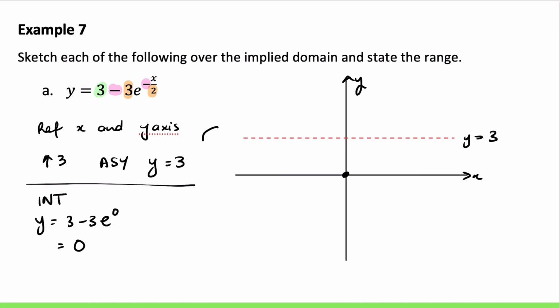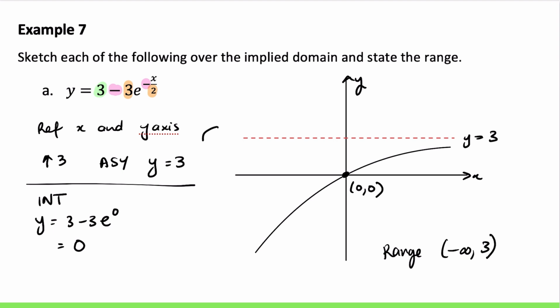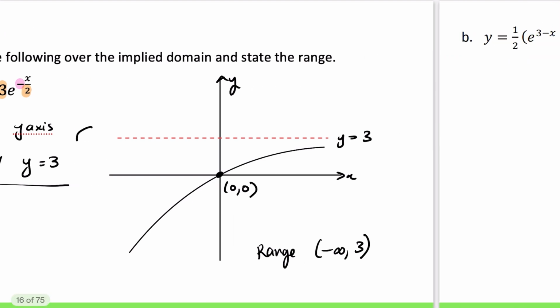E to the power of 0 is 1, and 3 times 1 is 3. 3 minus 3 is 0. Yeah, that looks like it's correct. All right, it's not very often that something works out that nicely. What a beautiful looking graph there. All right, wonderful. So that's sketching it over the implied domain, which would be R. And then for the range, well, our lowest value is negative infinity, our highest value is 3, and not including.